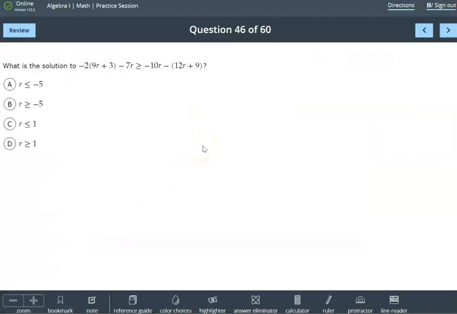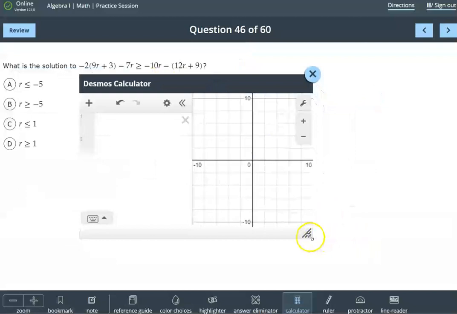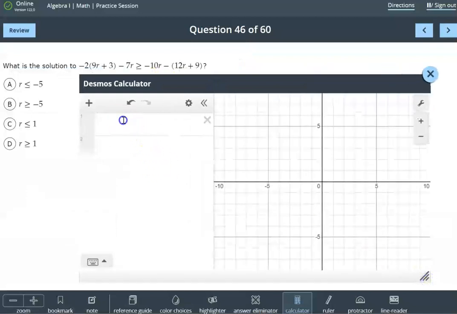And this is an inequality. Now this problem, your kids, if they're like mine, will type it in just as it appears. But you will quickly realize something's weird about this problem. So let me go ahead and type it in, and then I'm going to show you something.